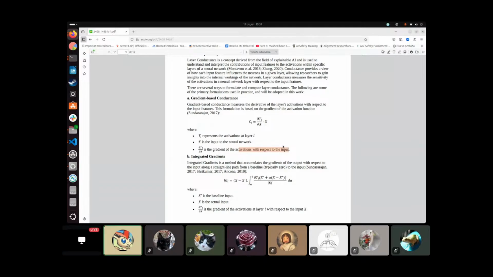I guess you will get, if your input is the image, this kind of thing with explainable AI, where your input is typically an image, and you want to get some kind of heat map of which parts of the input matter.